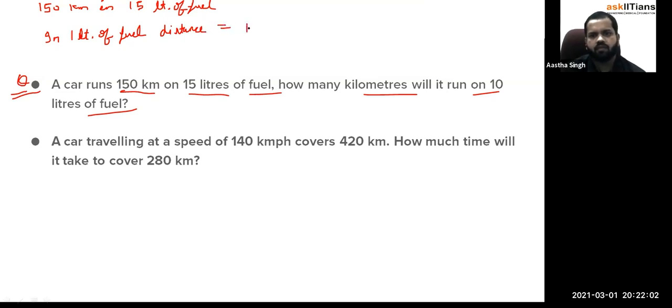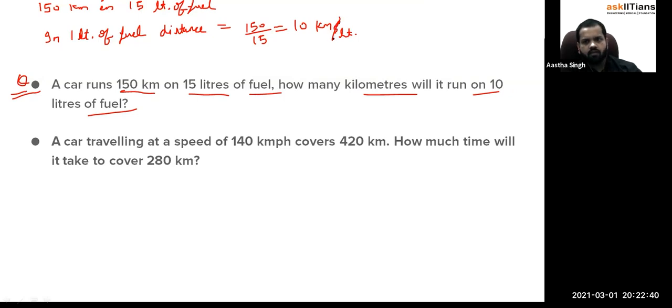In 1 liter of fuel, the distance will be 150 kilometers upon 15 liters, that is 10 kilometers per liter. Just find out how much distance it covers in 1 liter of fuel. So it covers 10 kilometers in 1 liter.